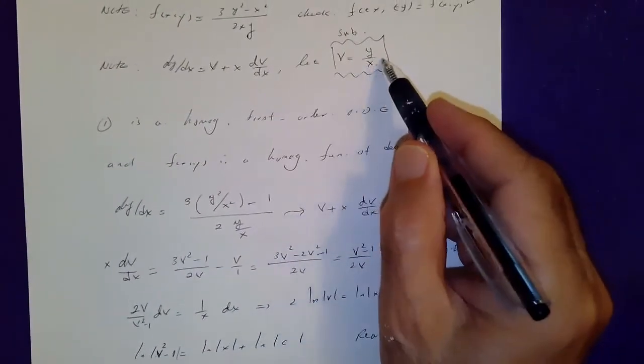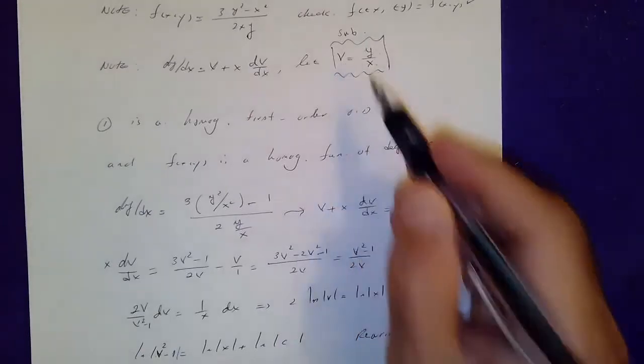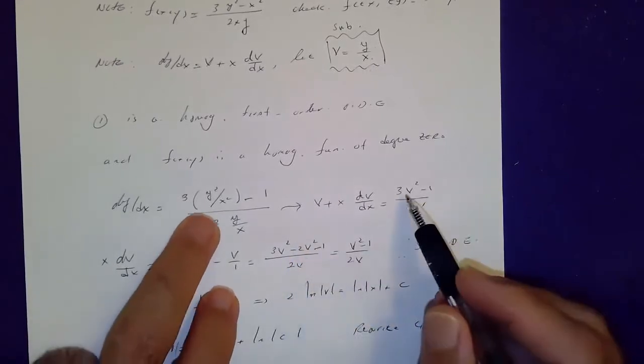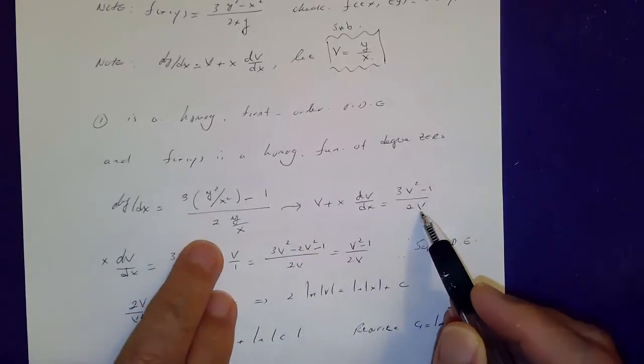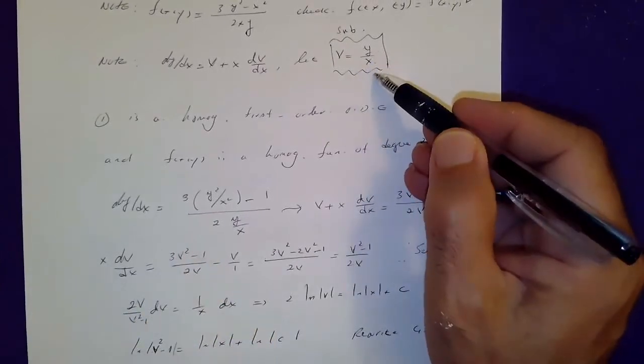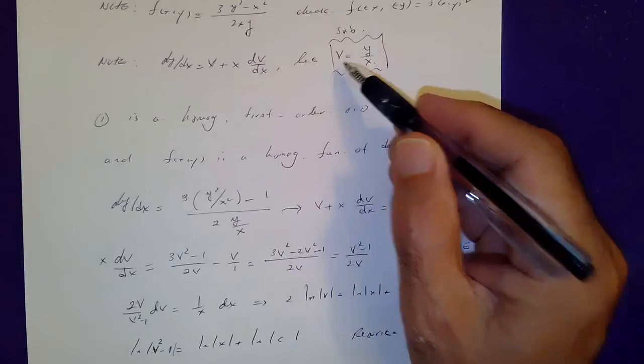Replace all the y over x's with v, so the equation becomes 3v squared minus 1 over 2v. Remember, we replace all the y over x's with v.